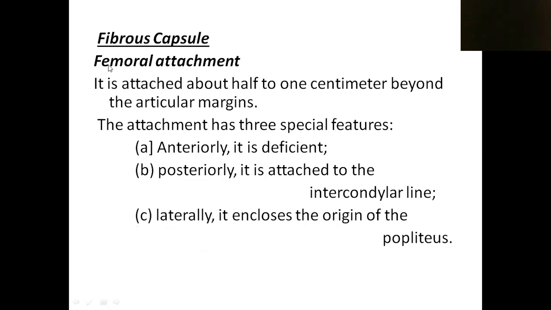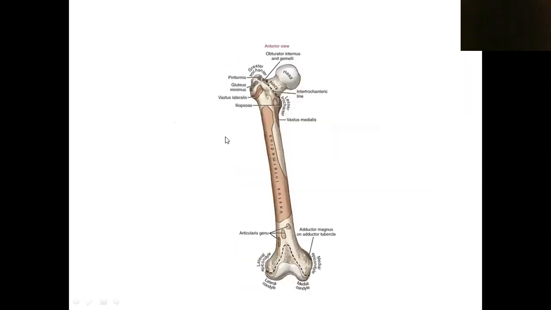Now the femoral attachment, or attachment on the femur. It is attached half to 1 centimeter beyond the articular margin. What is meant by that? See, this is the lower end of the femur, and this is the articular margin.